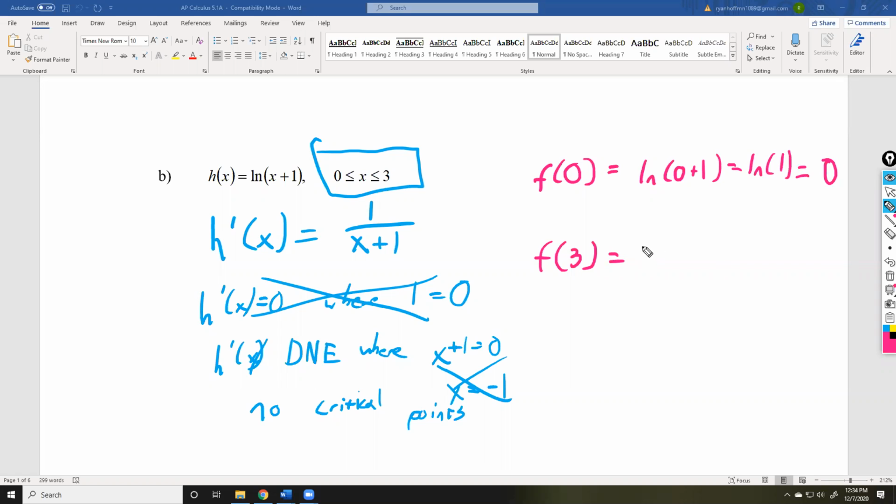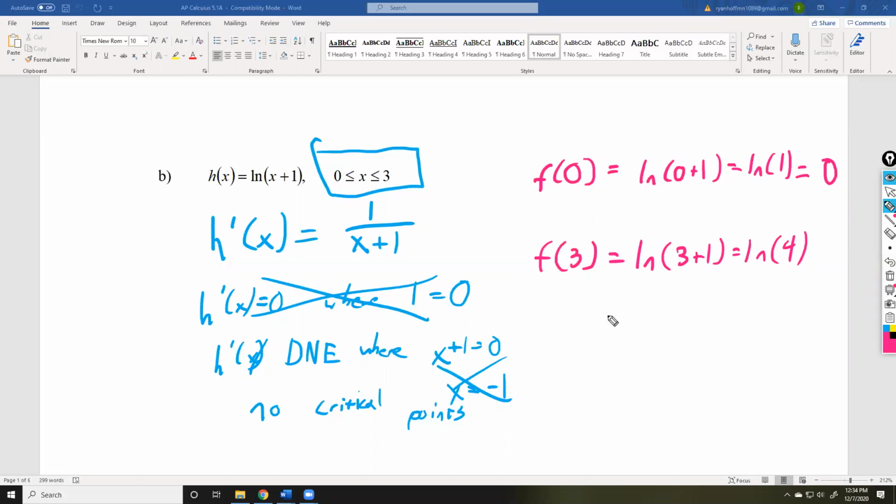And then f of 3 is the natural log of 3 plus 1, which is the natural log of 4. So those are my candidates for the minimum and maximum. And so then we need to just figure out which one is bigger. Well, obviously, natural log of 4 is positive, and 0.